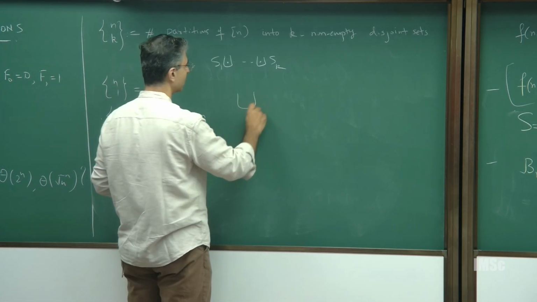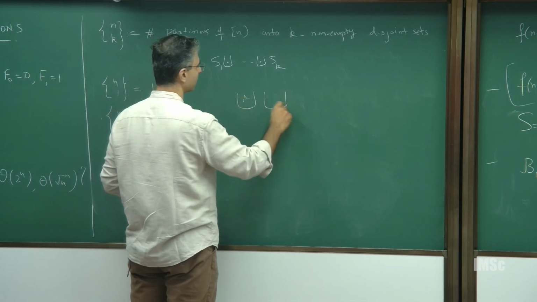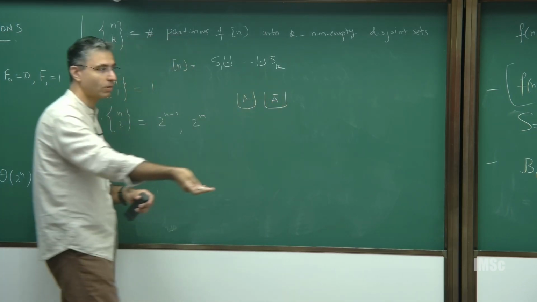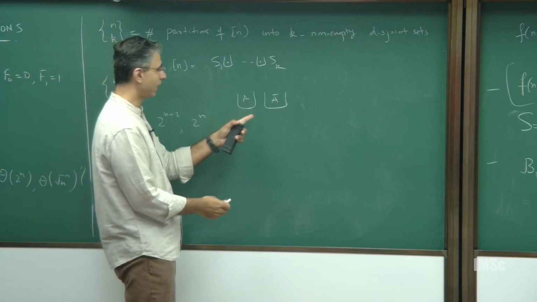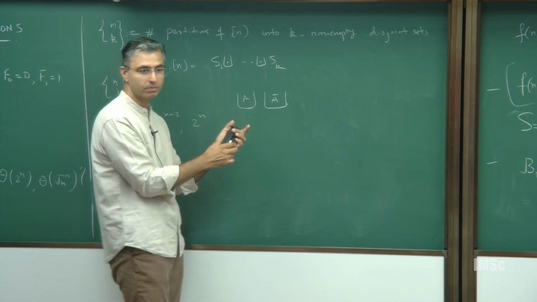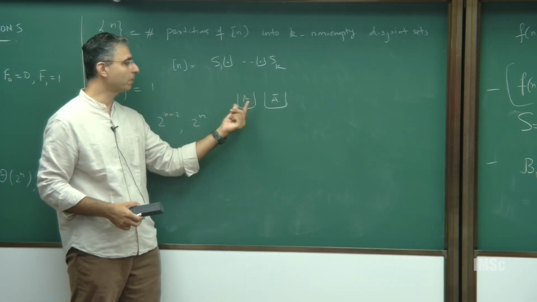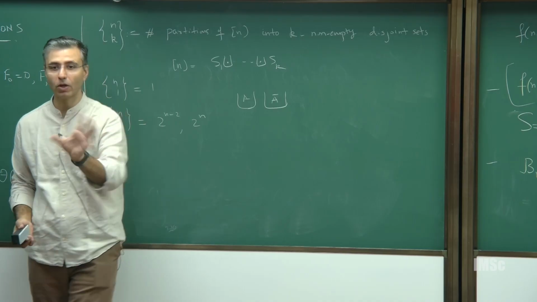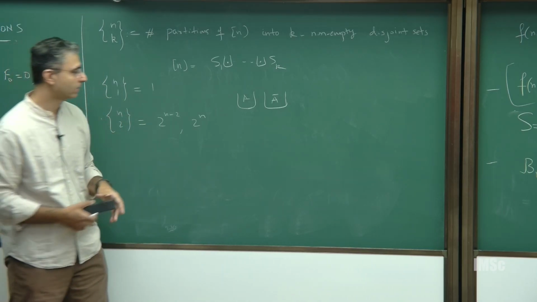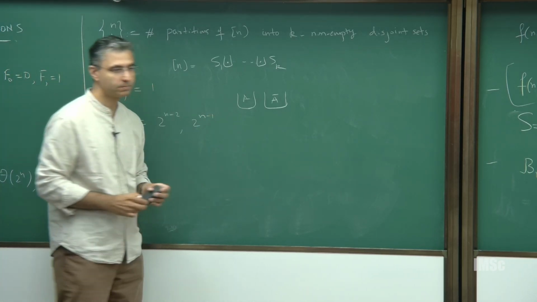This would be 2 power n, but there is an over count, because if I had A complement here, then I would get the same partition. We are not worried about the ordering of the partitions. So, 2 power n minus 1.